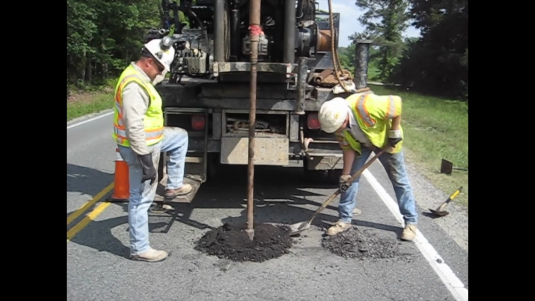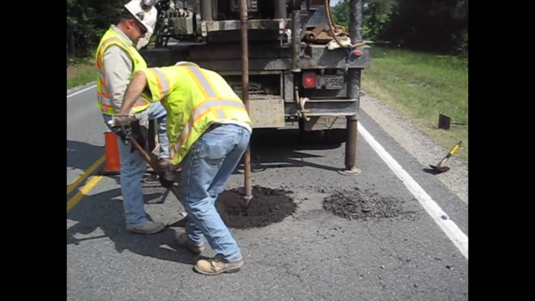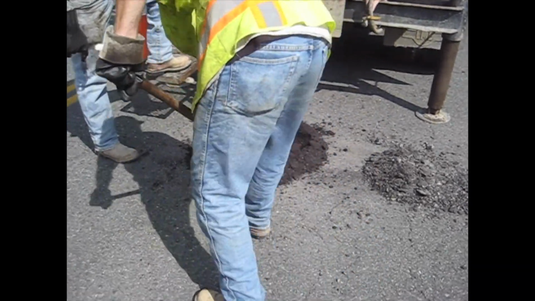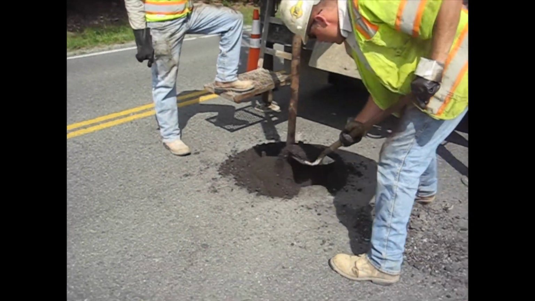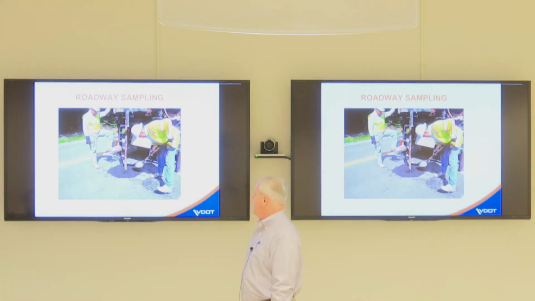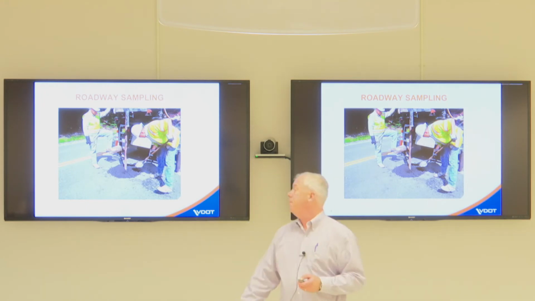There's some loose, bigger pieces we'll pick out. As it's hitting dirt, it starts to change colors. Saves a lot of time in the laboratory. It gets you a good representative blend of what you're going to be working with.